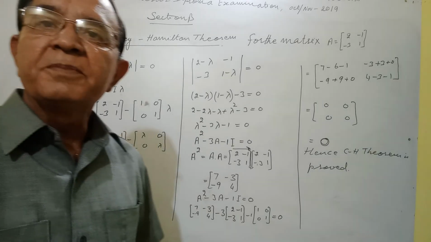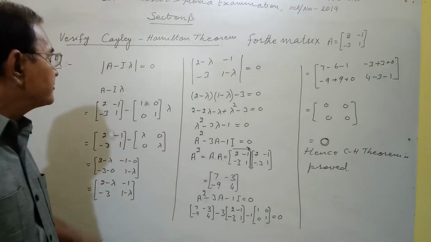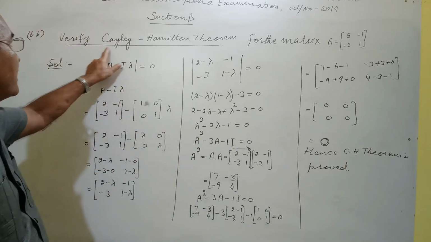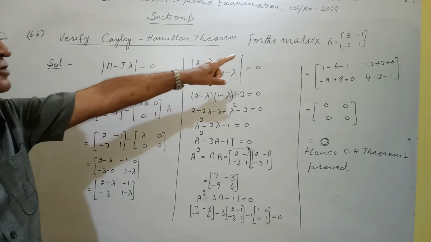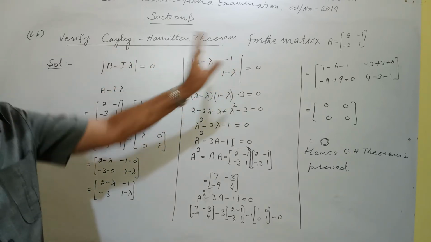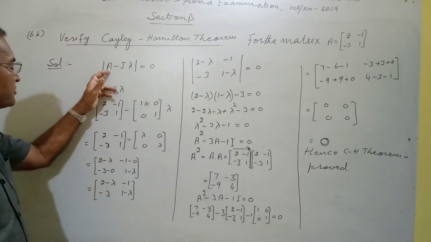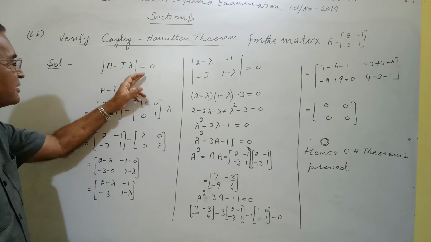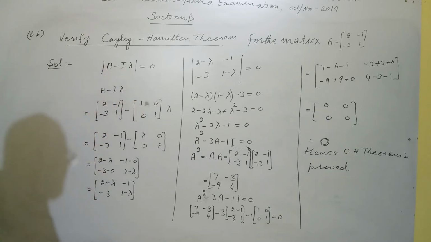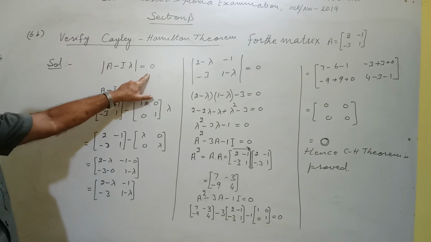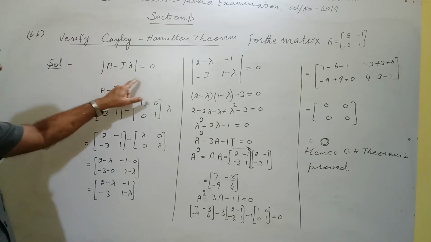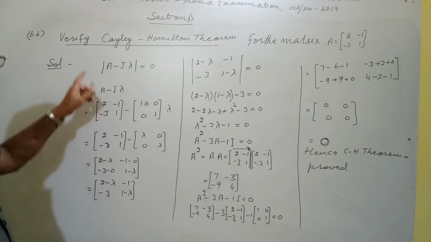See once again, I am repeating it. See it quickly. We want to prove CH theorem with A equals, matrix is given. Our equation is given by determinant of A minus lambda I equals 0. This is what we have to find. Then how we can do it?